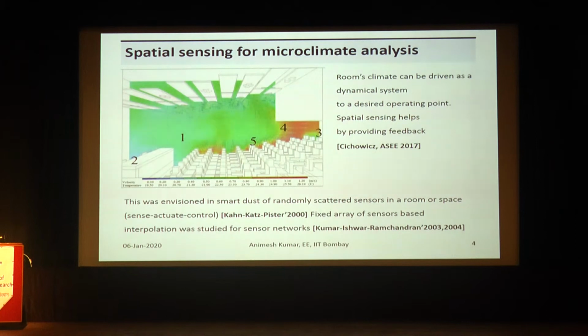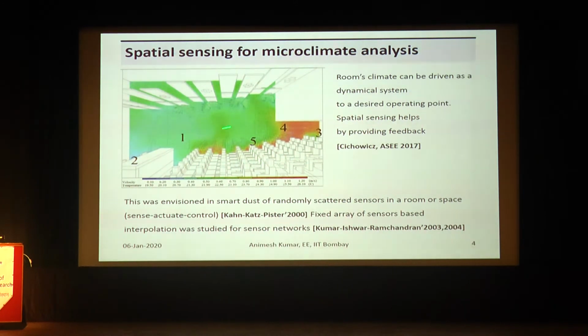One can even take spatial sensing inside a room such as this. It's often called microclimate analysis. One can imagine the room as a cuboid or some sort of shape in 3 dimensions, and then different occupants or different corners of the room may be driven to a desired operating point.